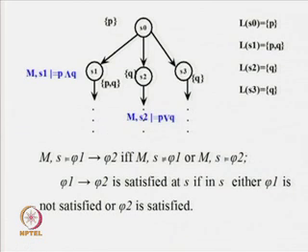Now you look again at the model that we are having: S 0, S 1, S 2, S 3, a tree-like structure, and these are the labeling functions that we have.